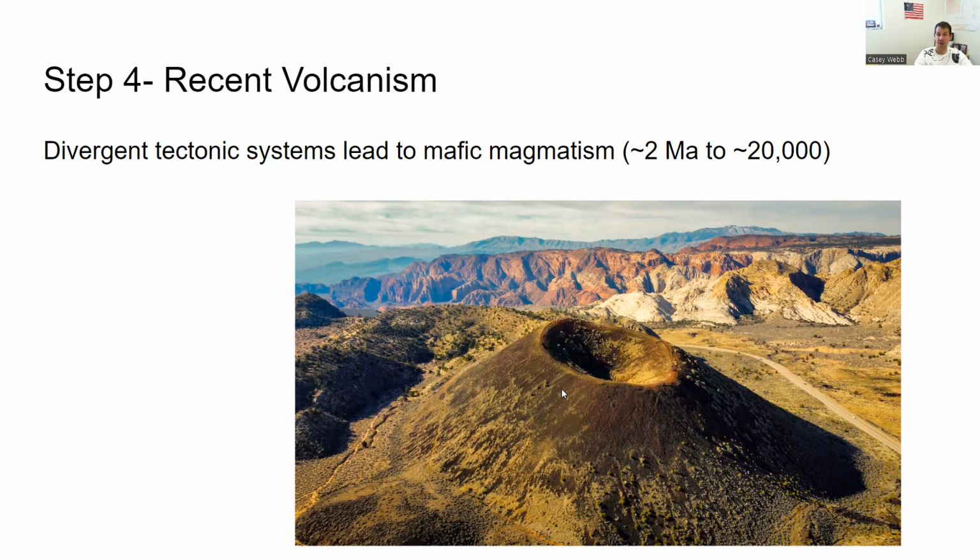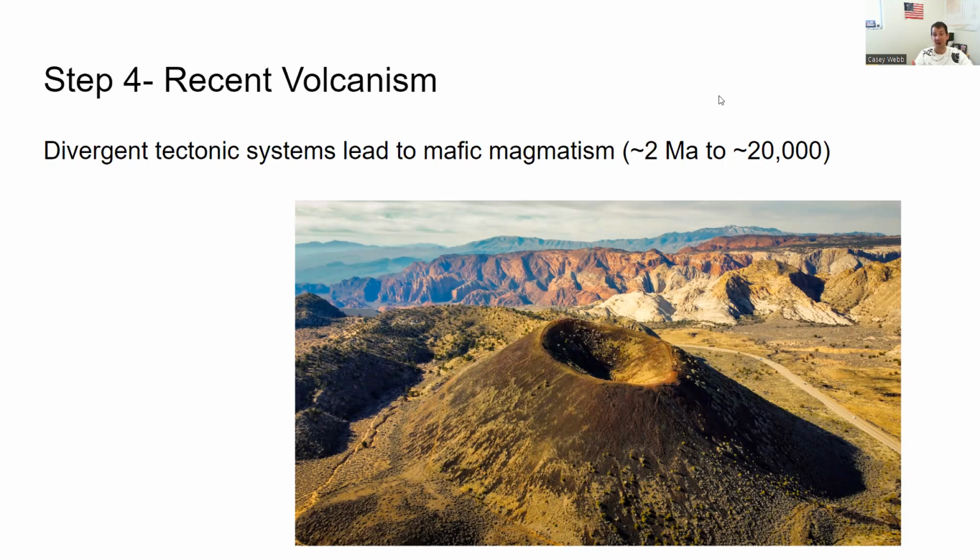There's another cinder cone that led to the lava rock that we parked on at our first stop on Kolob Terrace Road. So basically there are cinder cones all over the place in southern Utah. And most of these cinder cones are very geologically recent, within the last 2 million years, with the most recent being about 20,000 years ago.